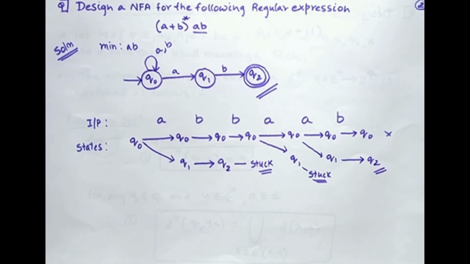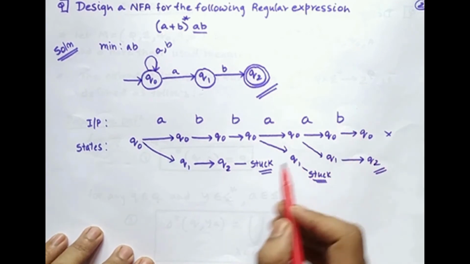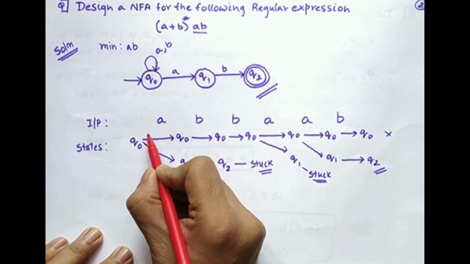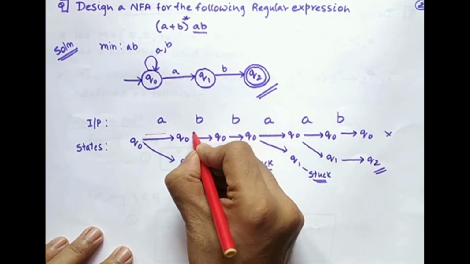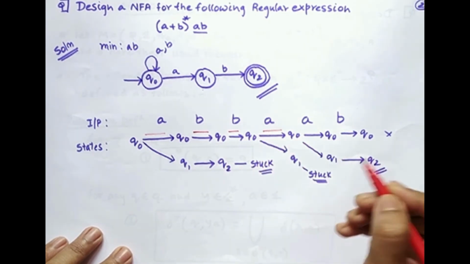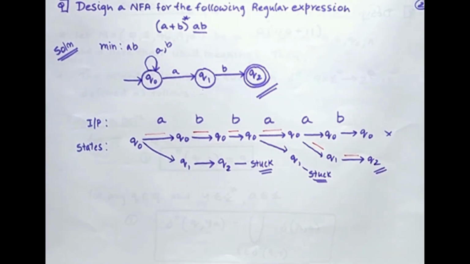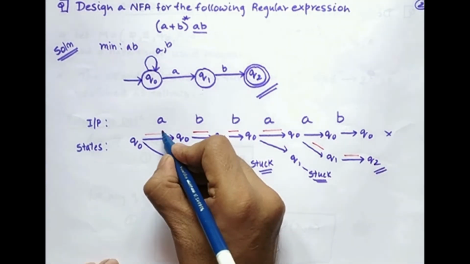So the NFA concludes that the goal has been found. That means this string is accepted, and the path that is considered is this.